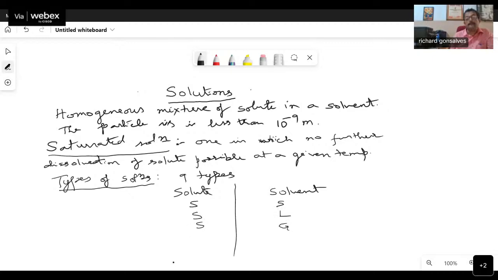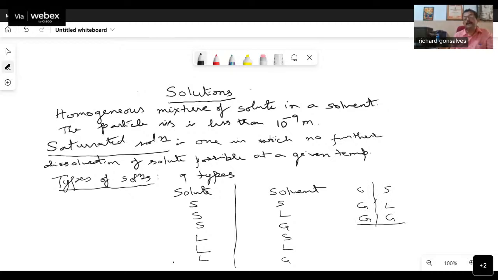Three are already here. Similarly, I can go on liquid, I will put solid, liquid, liquid, liquid, gas. Last one will go for gas, solid, gas, you can go for liquid, gas, you can have a gas.